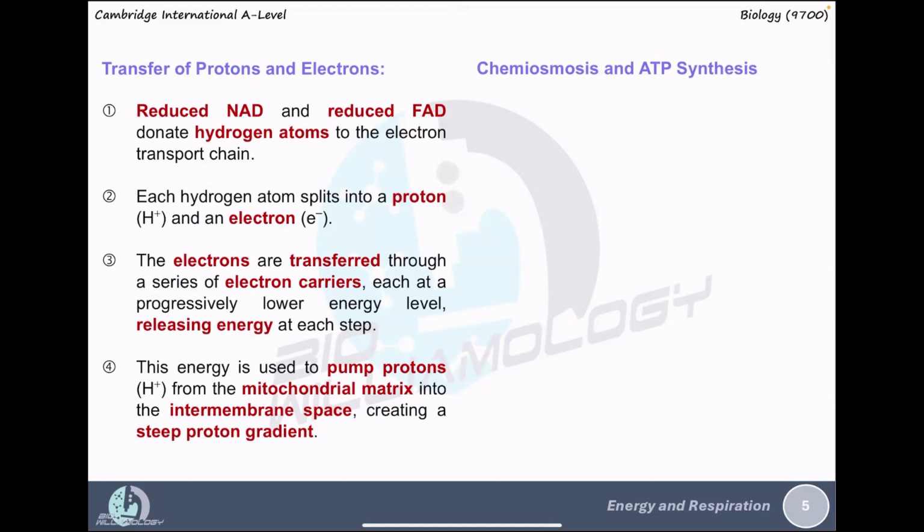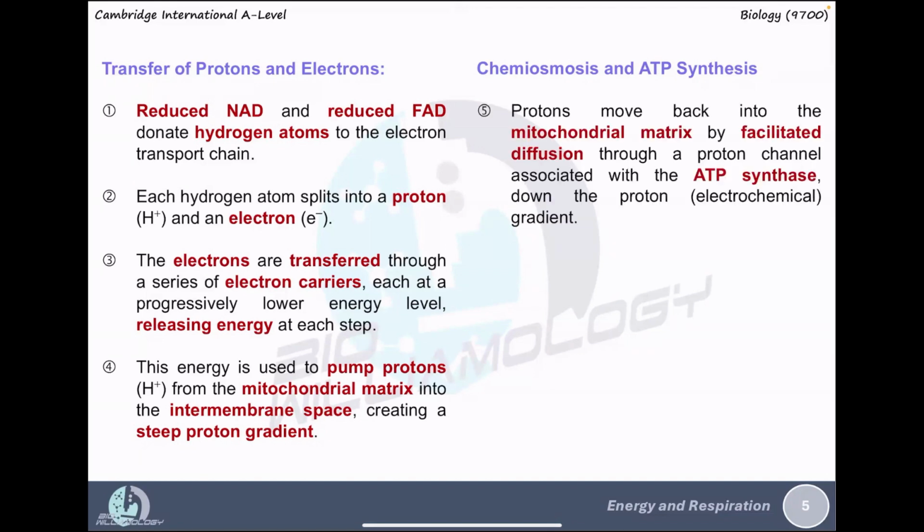So following this process is chemiosmosis as well as ATP synthesis. So protons now move back into the mitochondrial matrix by facilitated diffusion through a proton channel, which is associated with ATP synthase, down the proton's concentration gradient or electrochemical gradient.